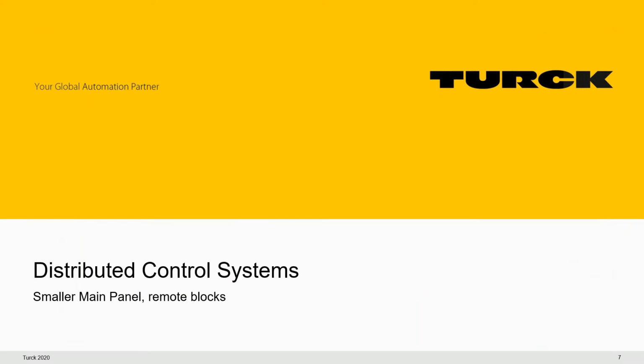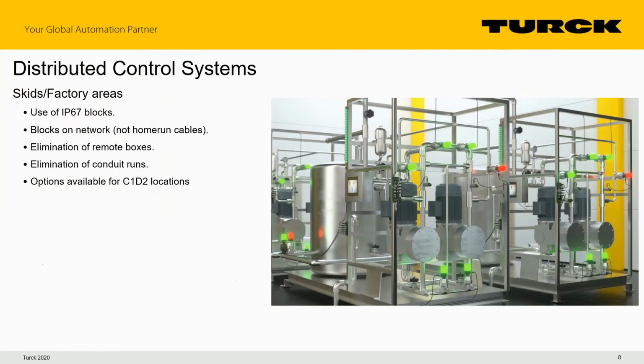So that leads us to a true distributed control panel, where we're trying to have a smaller main panel, and we're trying to get the I/O to remote blocks. So what that looks like, potentially, is an example of a process skid where we've obviously got a very small control panel here, and we have network cables coming out to I/O blocks.